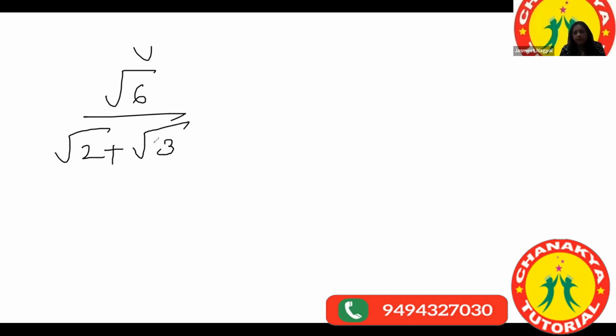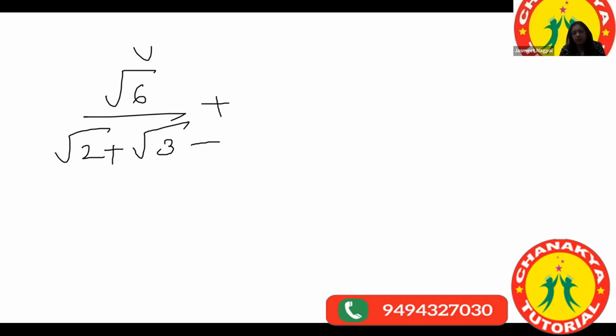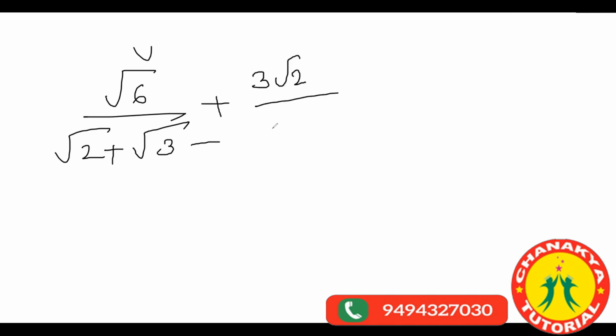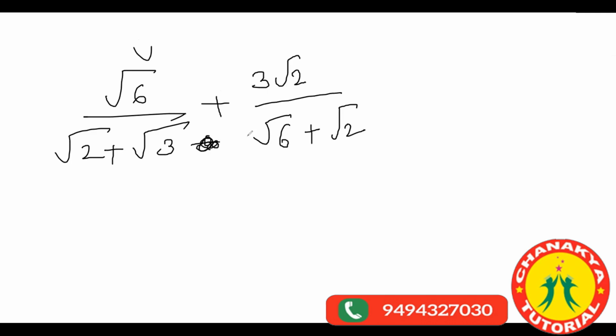Ma'am, it is root 6 upon root 2 plus root 3, plus 3 root 2 by root 6 plus root 2, plus 3 root 2 by root 6 plus root 2, minus 4 root 3 by root 6 plus root 2.